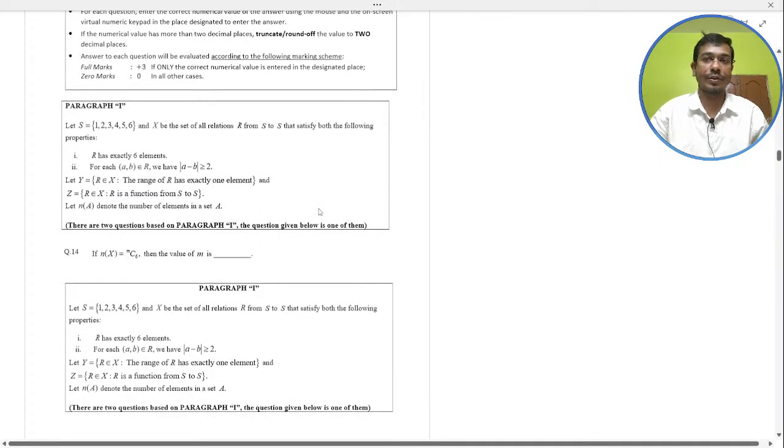Paragraph 1 is for homework. Homework 4.